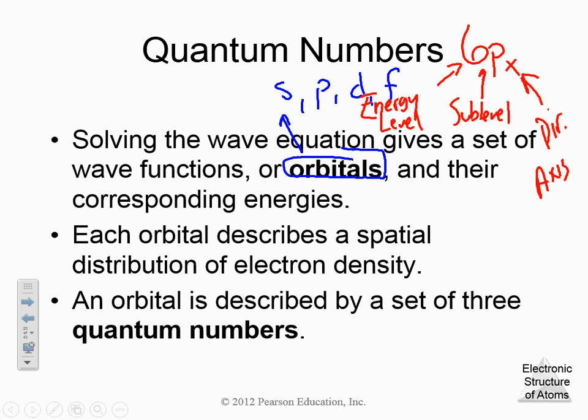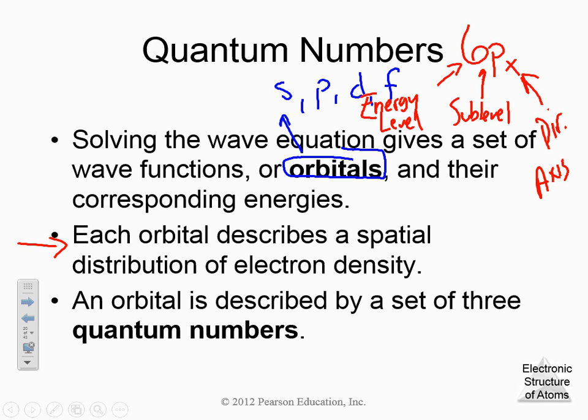So that is the extent in which we went into quantum numbers last year, was like 6px. Now, when we use quantum numbers, there are actual numbers that can represent every part of the quantum equation. So each orbital describes a spatial distribution. It really, right here, this dot is saying these orbitals show the probability of where the electron's most likely going to be.